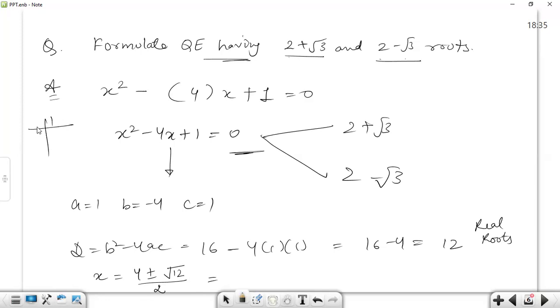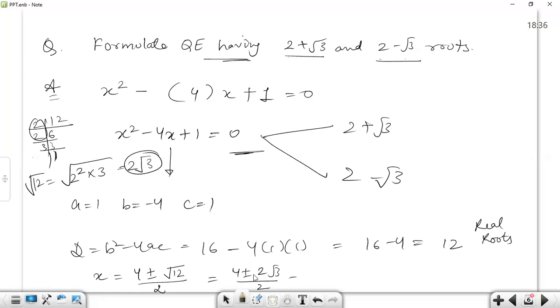But we can write square root of 12 as square root of 2 square into 3. So 2 will come out of the square root and root 3 will remain inside. So 4 plus minus 2 root 3 divided by 2. 2 will cancel, so it will become 2 plus minus root 3.